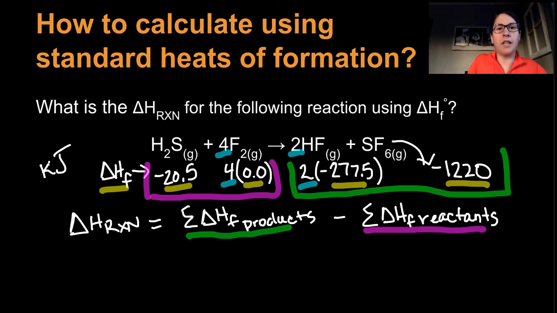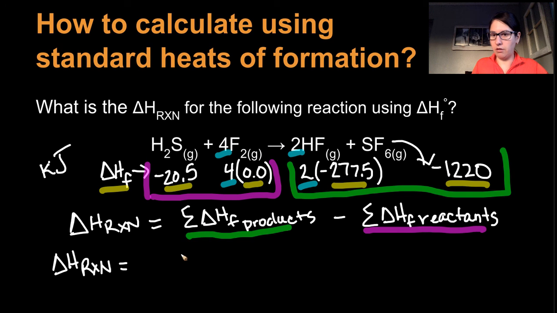All right, so I want to just line these up. So in order to solve for this, my heat of reaction is going to be my products. So I'm going to have 2 times my negative 277, or excuse me, 272. Lost part of that 2 there. So 2 times negative 272.5.